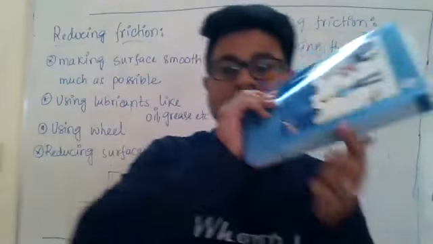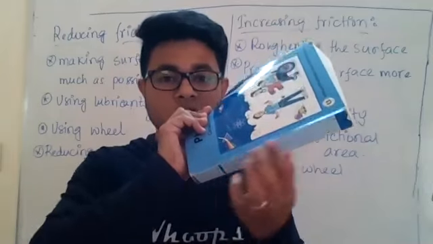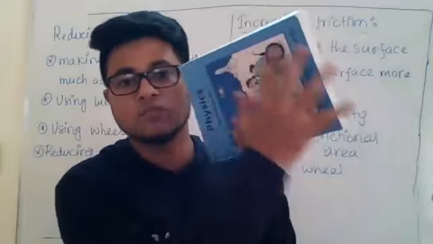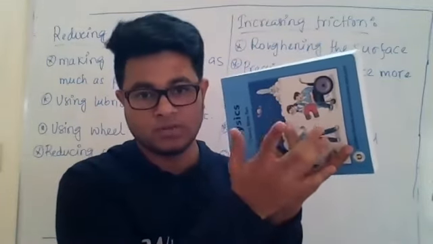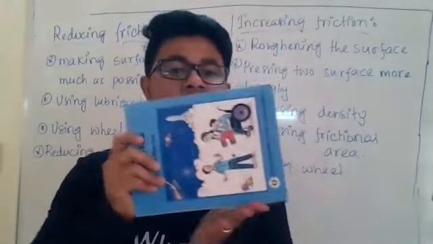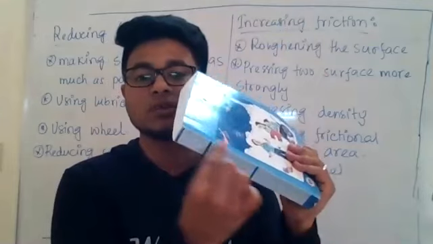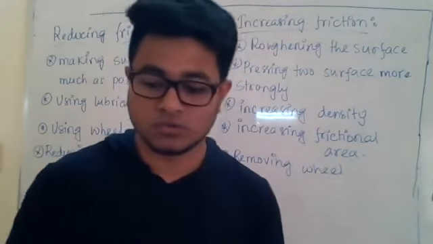Then only this part will be in contact with the surface. So the surface area will be reduced. Previously, when I kept it like this whole surface was in contact. So this whole surface was causing friction. But now, if I keep it like this and try to push it, only this area, a small area, will experience a small amount of friction. So as a result, the friction will be reduced.